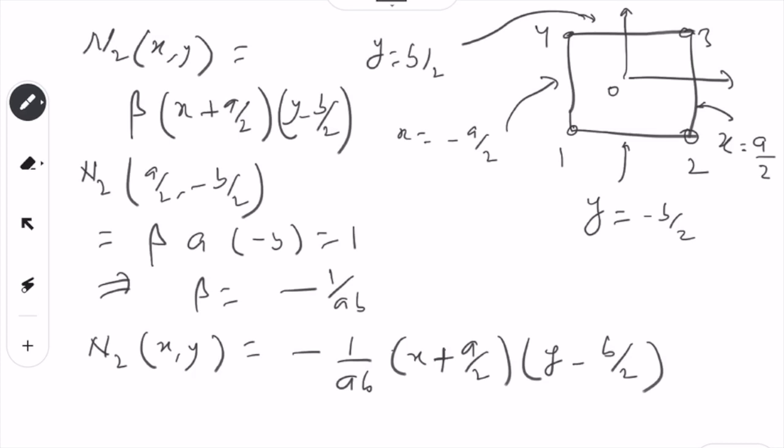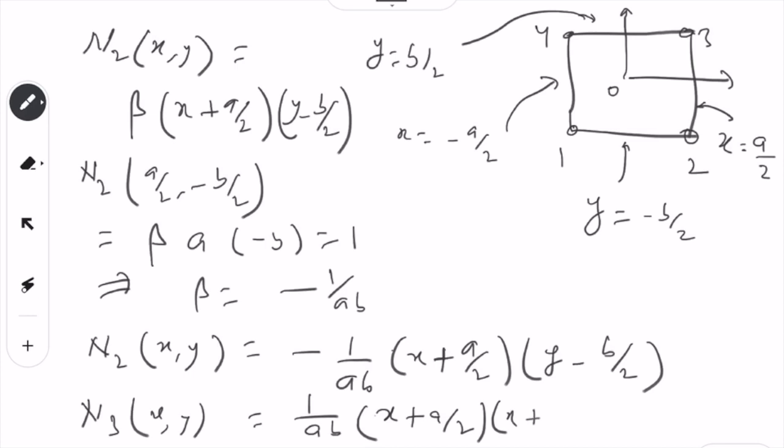Similarly, we can find N3. N3(x,y) will be in similar fashion 1 over ab, and then we will have (x plus a over 2) times (y plus b over 2).